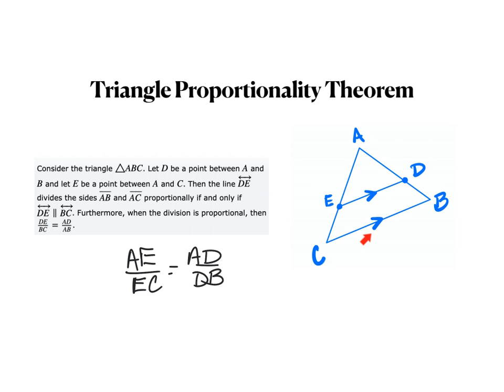DE over BC is equal to AD over AB. Inside over outside as inside over outside. And furthermore, I could say that this is equal to AE over AC, since they're in the same ratio.